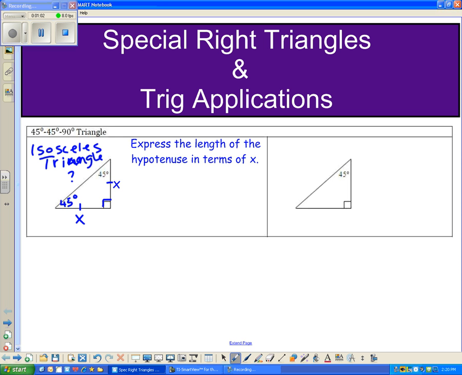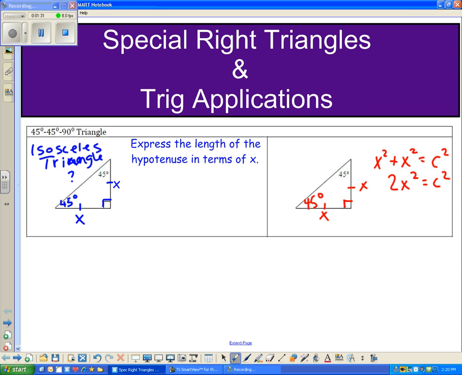So let's see if we can write out that missing side length, the hypotenuse in this case, in terms of x. I've got 45 here, 45 here, so I know that that's x and x. Using the Pythagorean theorem, since it is a right triangle, I know that x squared plus x squared is going to be my hypotenuse squared. Well, x squared and x squared is 2x squared.